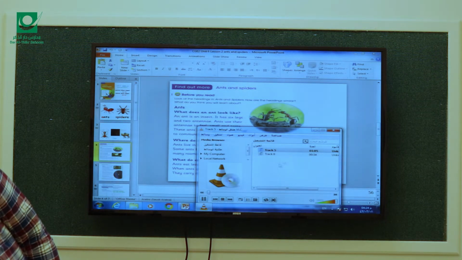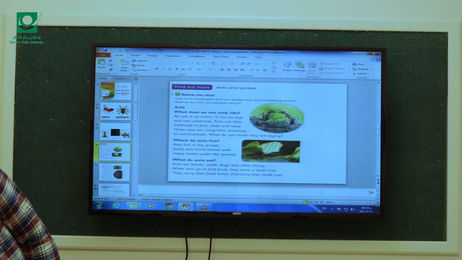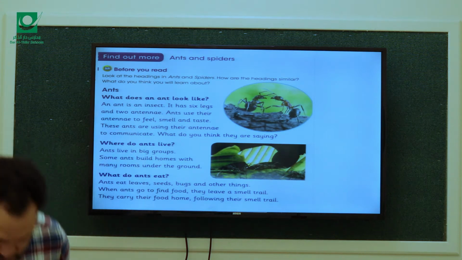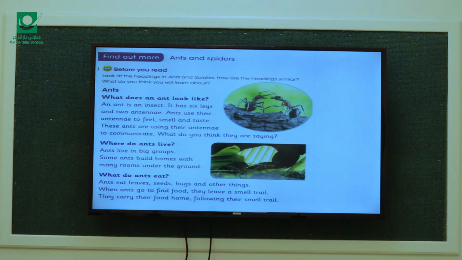What does an ant look like? An ant is an insect. It has 6 legs and 2 antennae. Ants use their antennae to feel, smell, and taste. These ants are using their antennae to communicate. What do you think they are saying? Where do ants live?